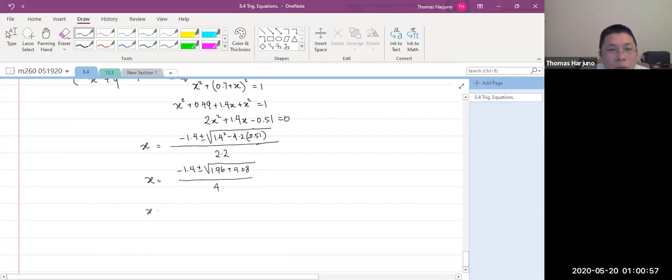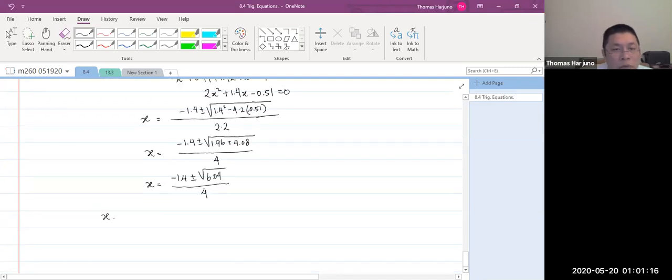So x equals negative 1.4 plus or minus the square root of 6.04, over 4. From there, I have x equals negative 1.4 plus the square root of 6.04 over 4. The other branch is negative 1.4 minus the square root of 6.04 over 4.